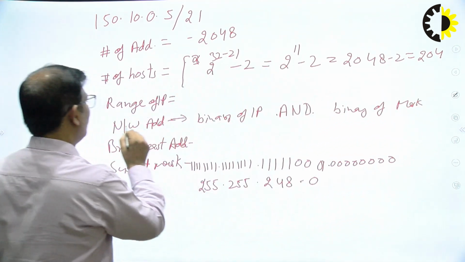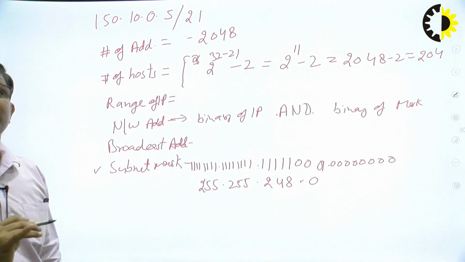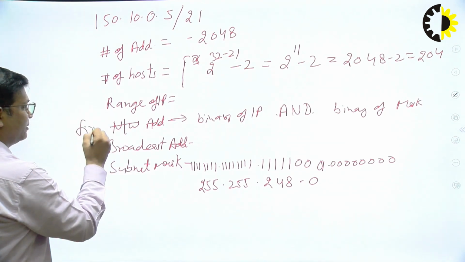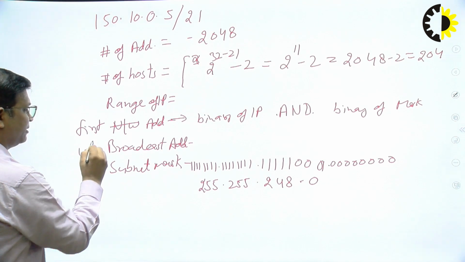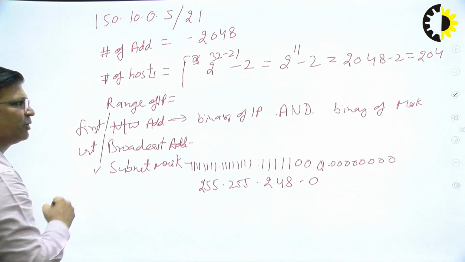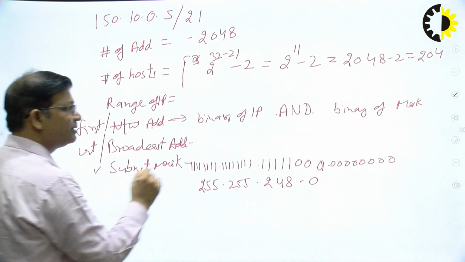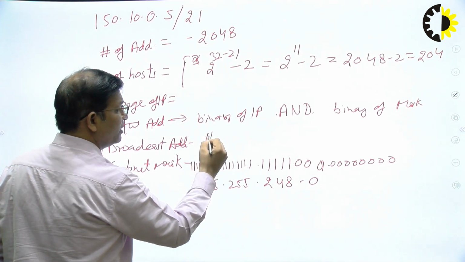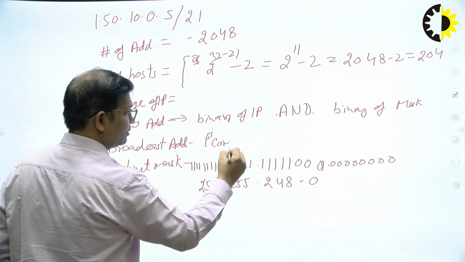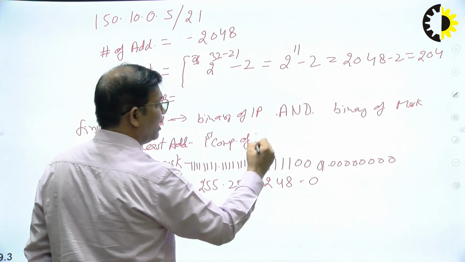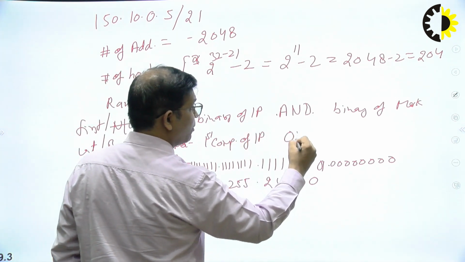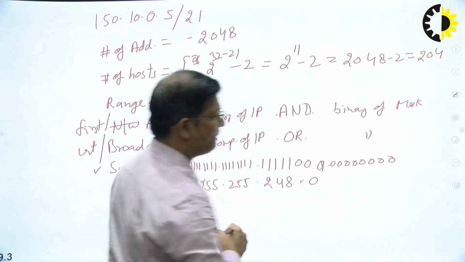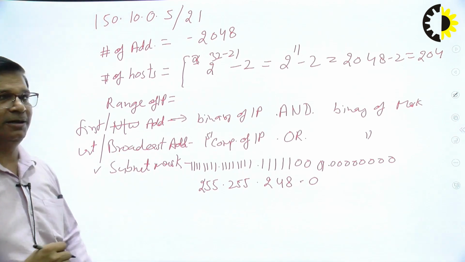This is how we can find the network address, the first address. And the last address is the one's complement of the binary of the mask, ORed with the IP, which will give the broadcast address.